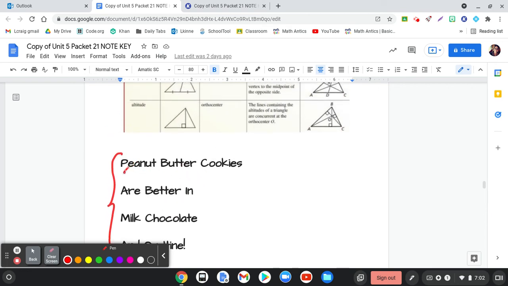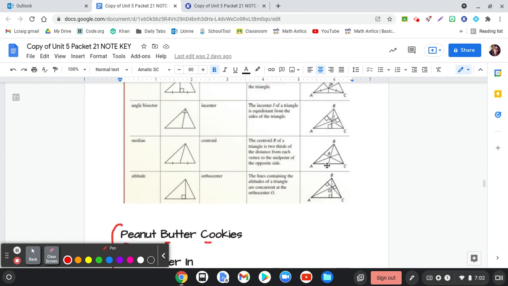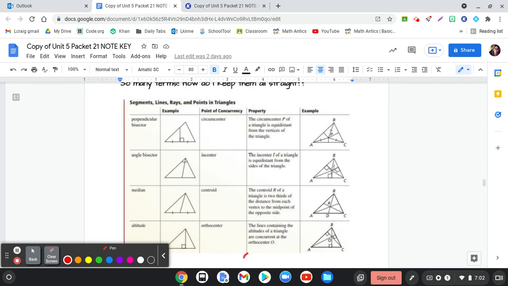So peanut butter cookies: perpendicular bisectors, circumcenter. Peanut butter stands for perpendicular bisector and circumcenter.